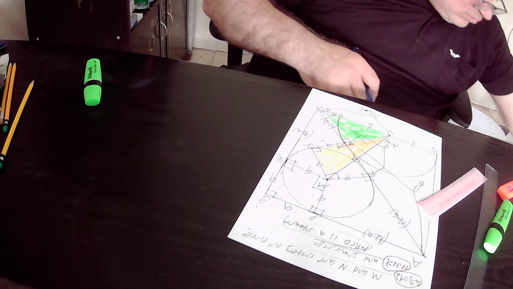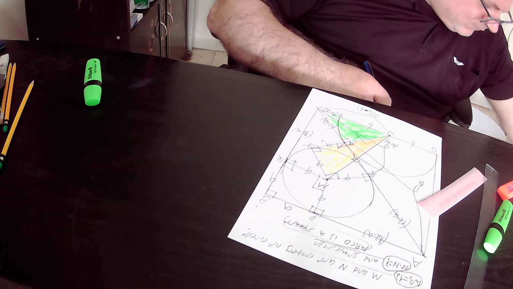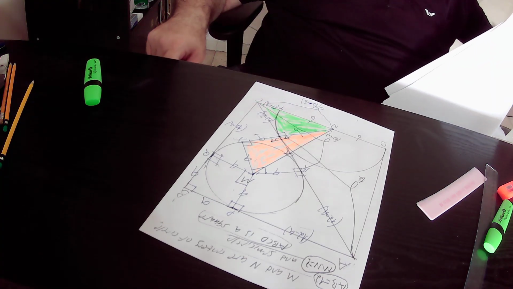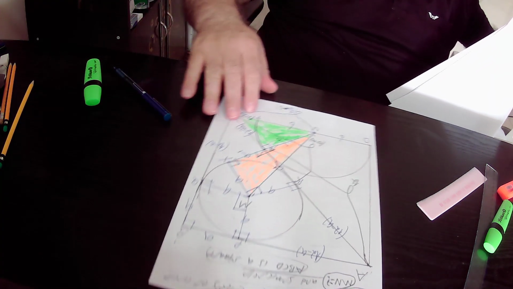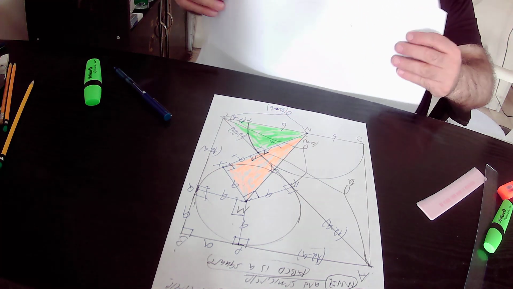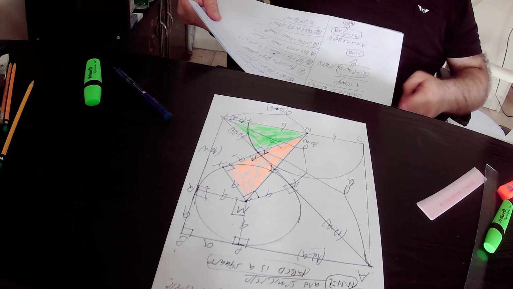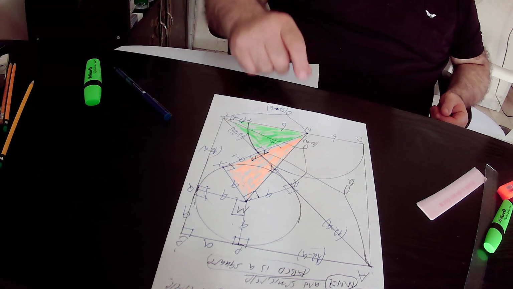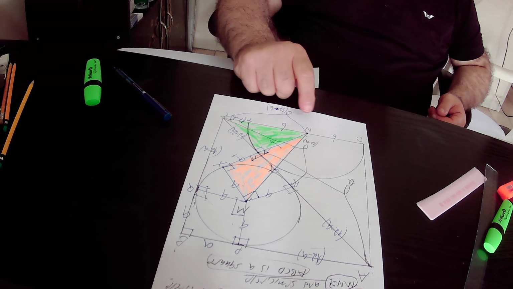Actually, we wanted to find out the length of line segment MN. We have here square ABCD, and one side of square ABCD equals 12 units.